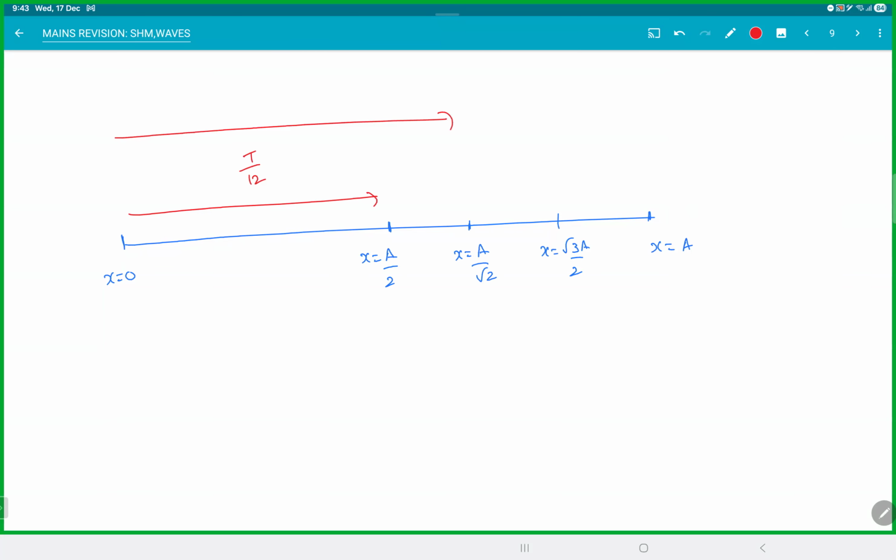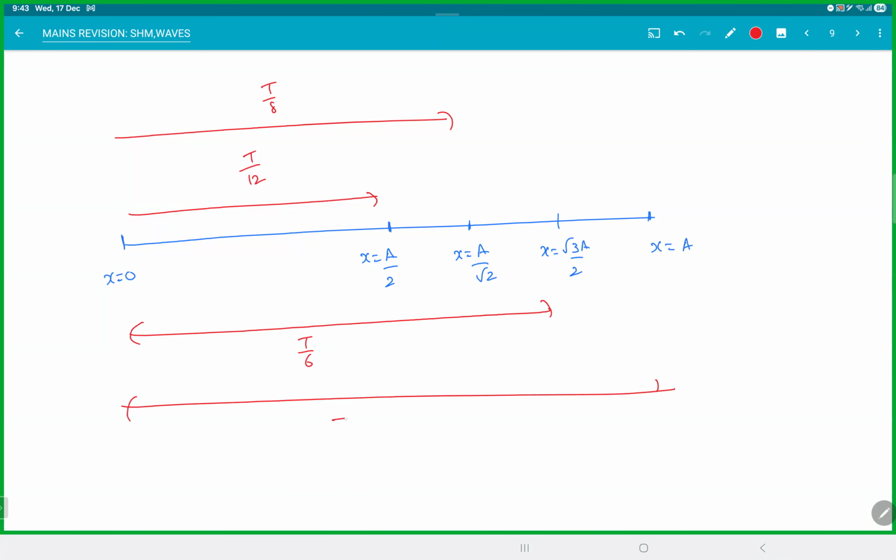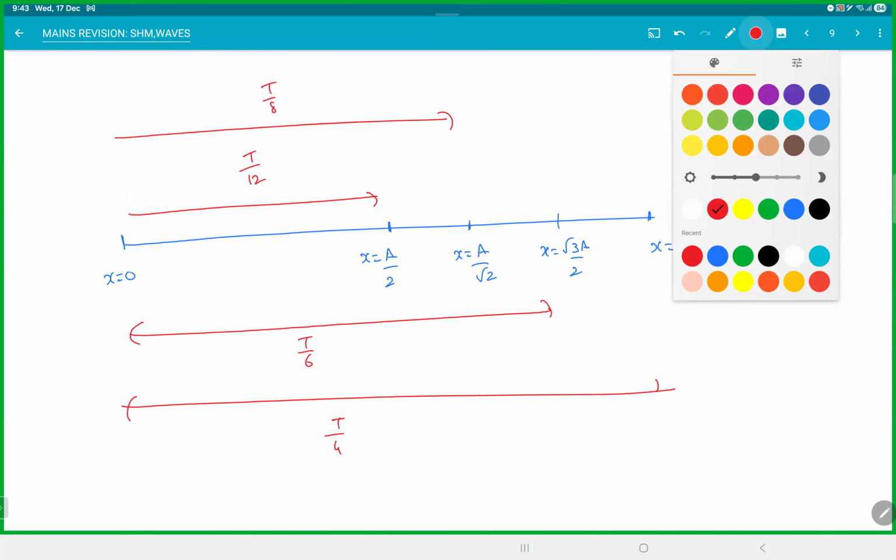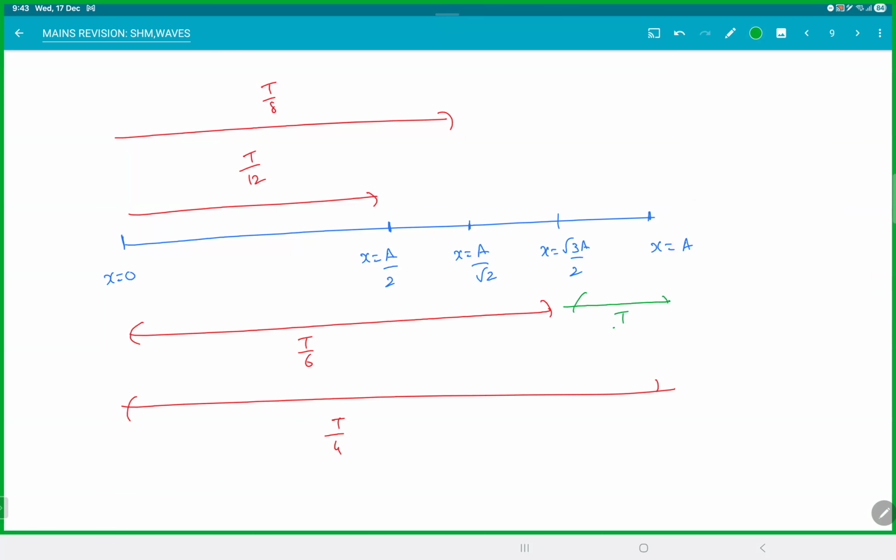Here to here, it is T by 8. Here to here is T by 6. Here to here is T by 4. And then automatically from here to here, this will be T by 12. This will be T by 6. And this will be T by 8. Remember those results, it helps you, saves your time.